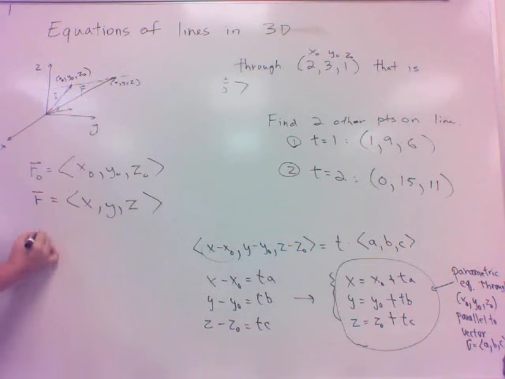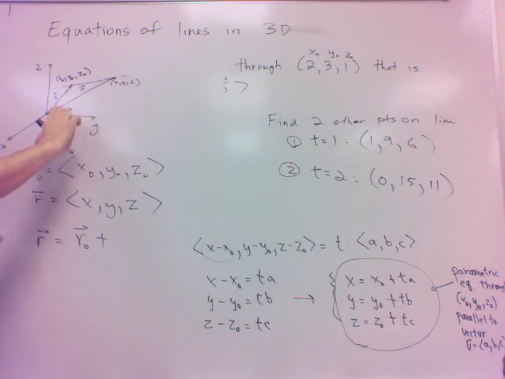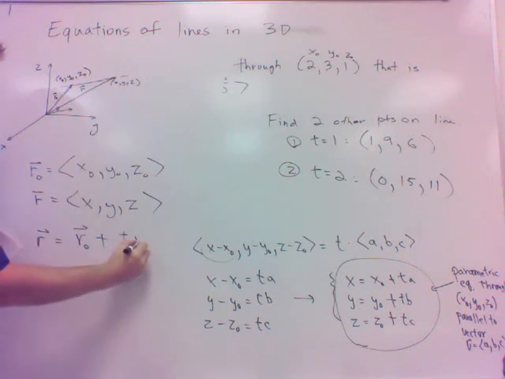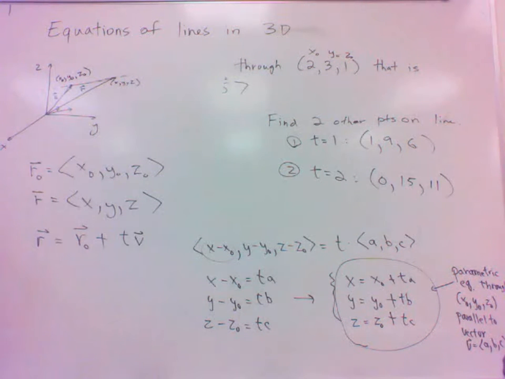So R would be the addition of R0 plus this vector. Now, that vector, we know the direction of it, same as v. However, does it have to be the same magnitude as v? No, it's some other multiple of v, right? Yes. So R is the vector R0 plus t times the original direction vector we were given.